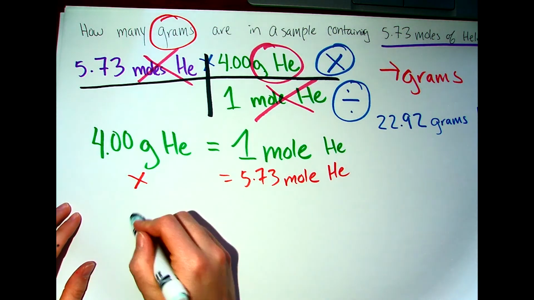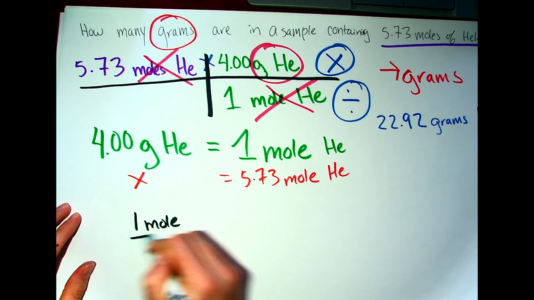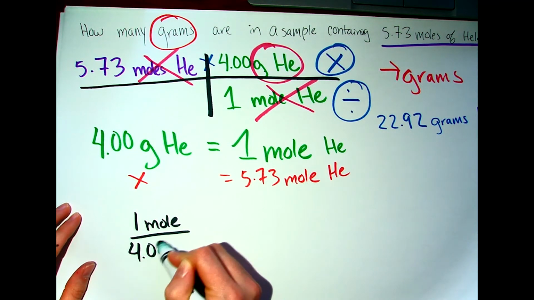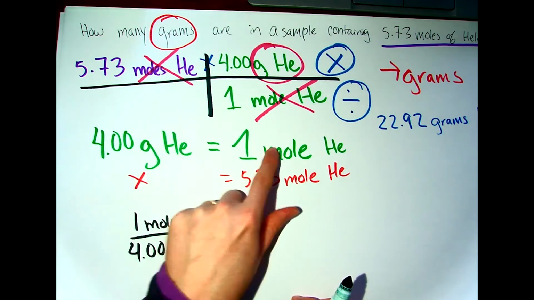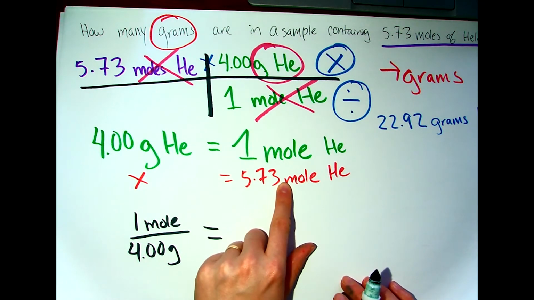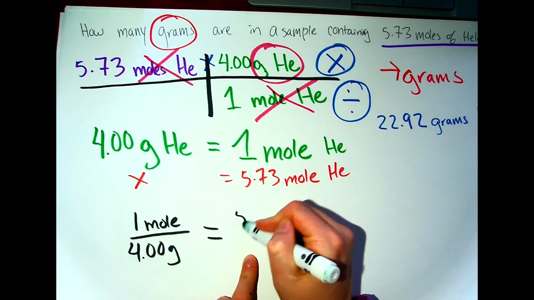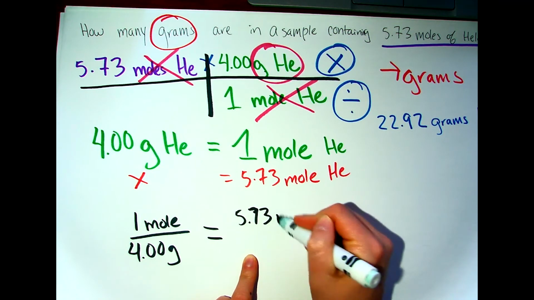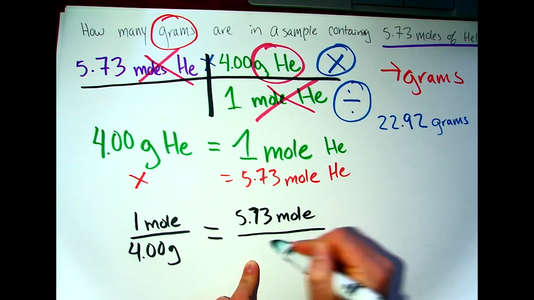So you can do 1 mole over 4 grams. That's your first relationship here. Equals, make sure to set it up correctly on the same side, so 5.73 moles over x.